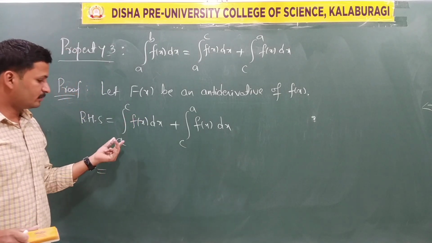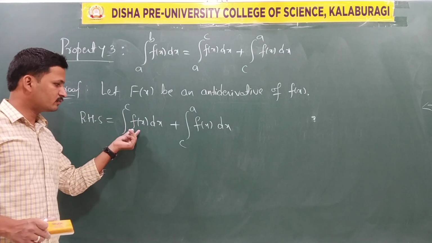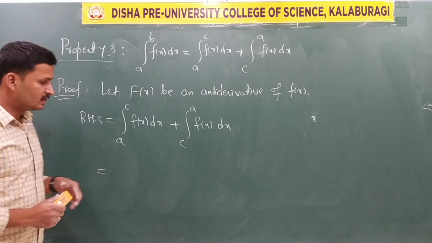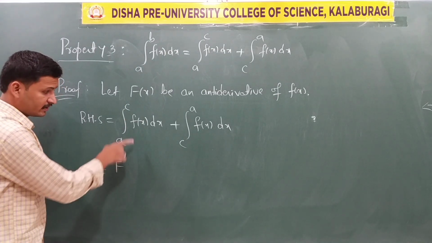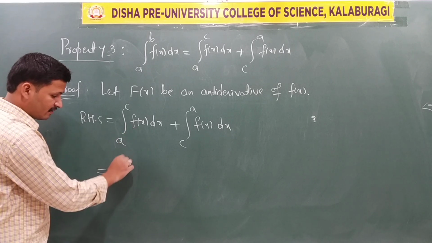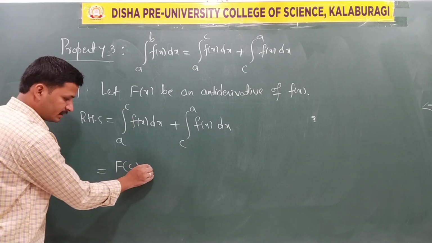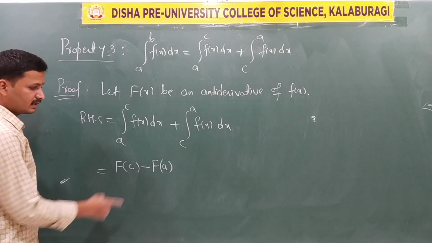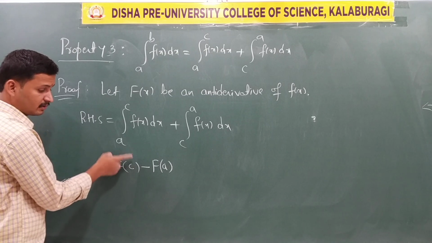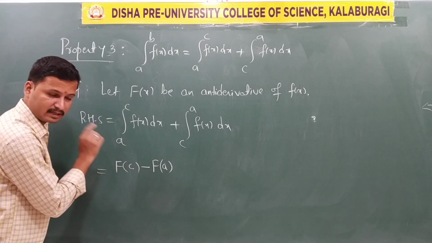By using the fundamental theorem of the calculus, the integration from a to c f of x into dx can be written as F, the antiderivative of f, at the upper limit c, minus F at the lower limit a. This is by the fundamental theorem of the integral calculus.